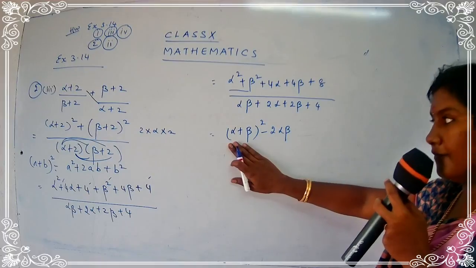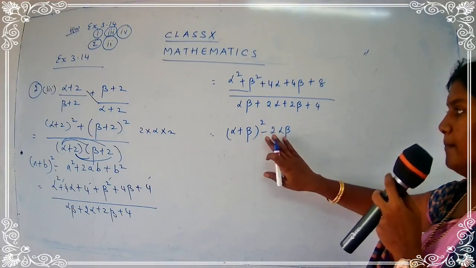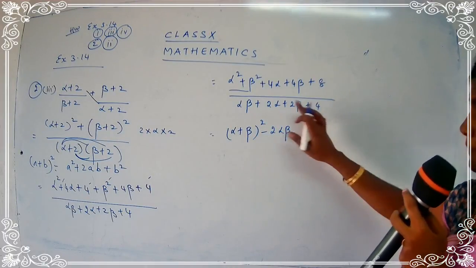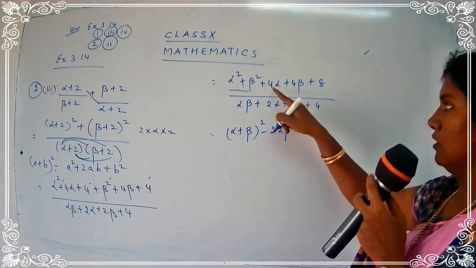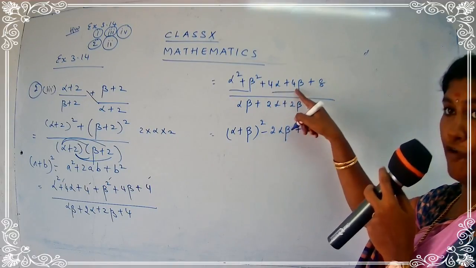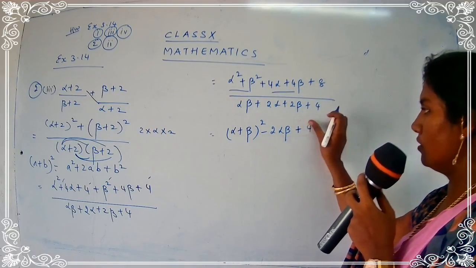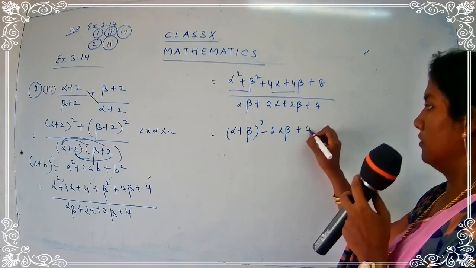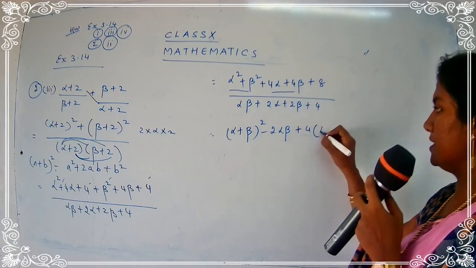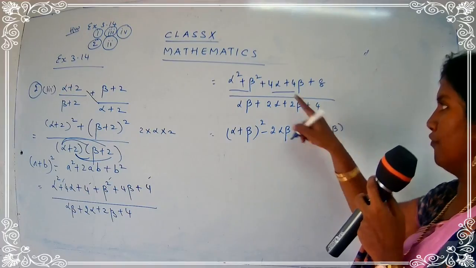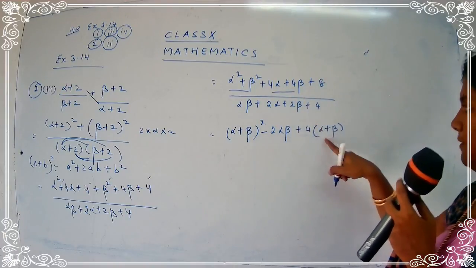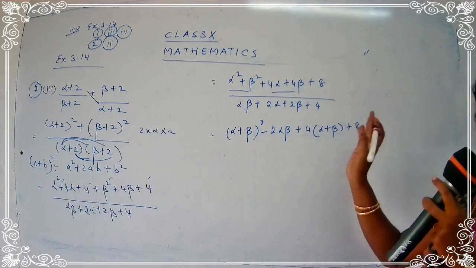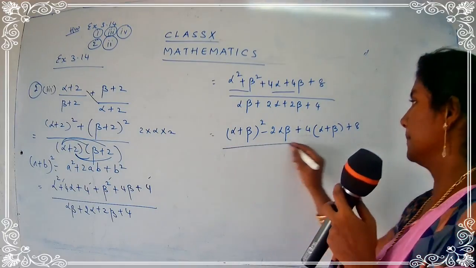I got alpha plus beta the whole square minus 2 alpha beta plus, what is common here? 4 is common, yes. So 4 alpha plus beta, 4 I have taken common, plus 8. We cannot do anything to 8, so keep 8 as it is.